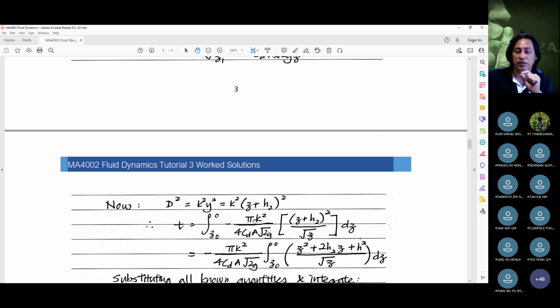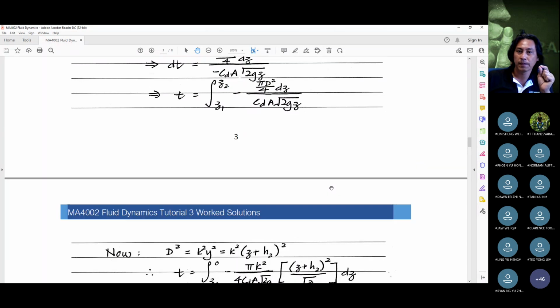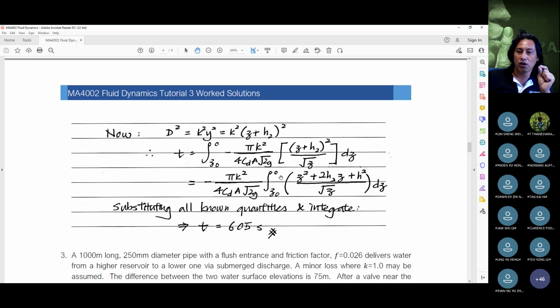k is a constant, so during the integration we can take it out, and we have a z term here, the square. So if you substitute d squared equals this term back into here, you'll be able to isolate all the constant stuff and separate it from the z terms.